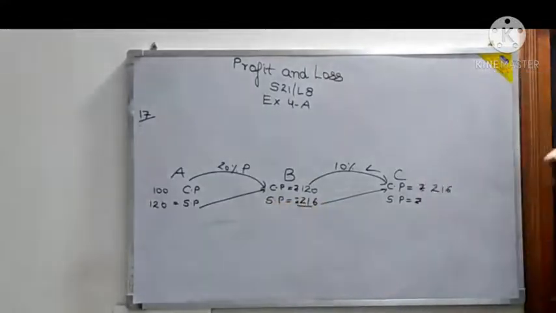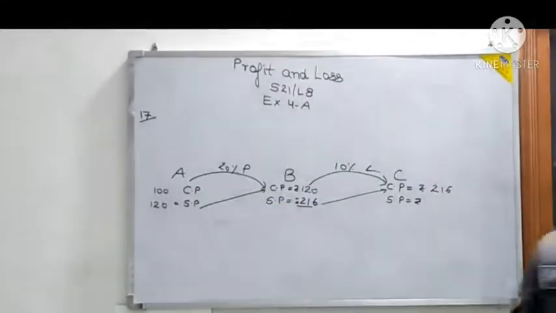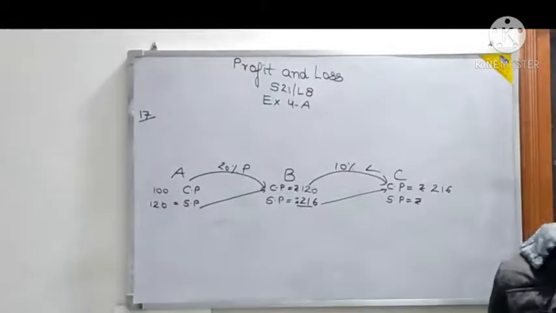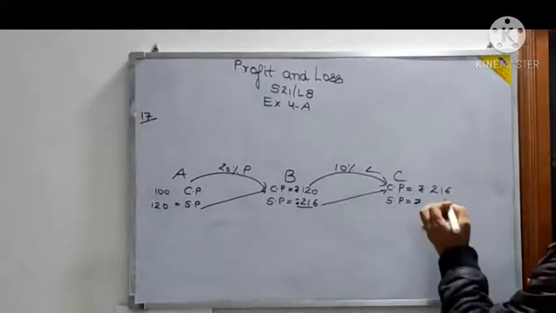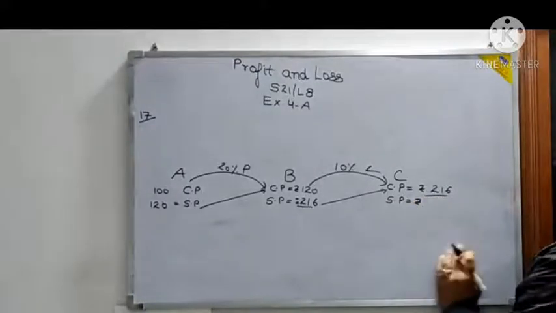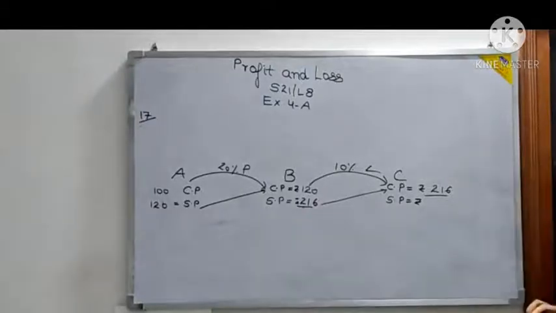Got it? Now whether C is selling or not, that's a different case. But the thing is that he is also selling it. So if C pays 216 for it, find the cost price for A. Now see, you know the cost price, you know the selling price.